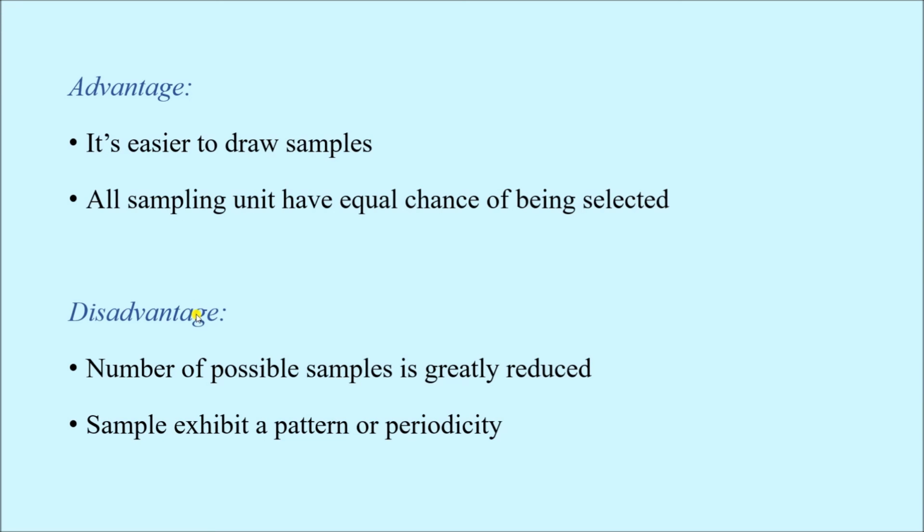What are the disadvantages? Number one, the number of possible samples is greatly reduced. So suppose I have 200 students, out of which I have to draw 20 students. When I conduct my systematic random sampling and draw 20 students, after that there is no way we can increase the number of samples from this given population, right?